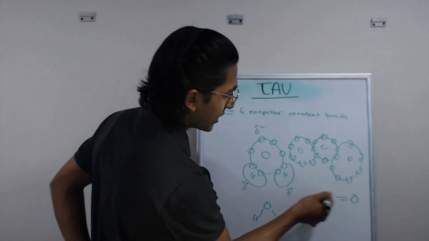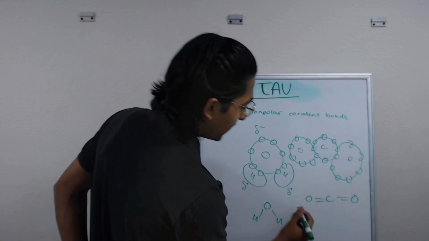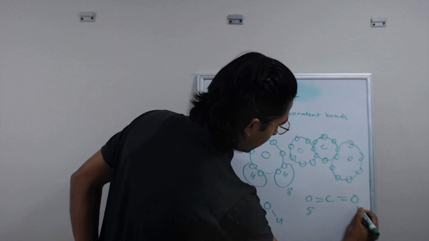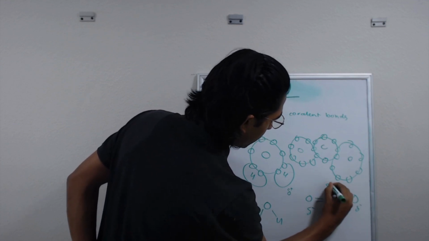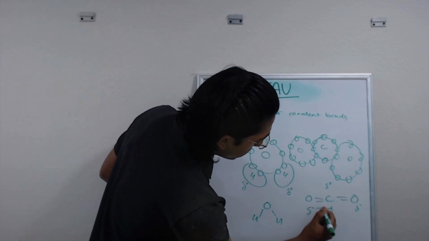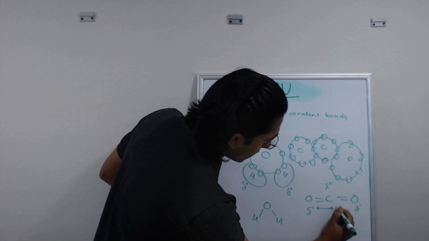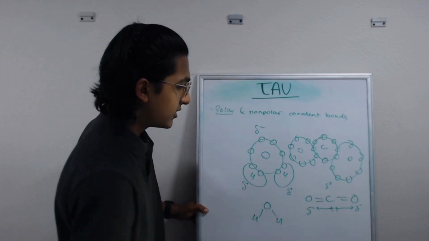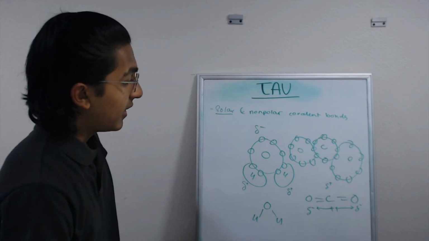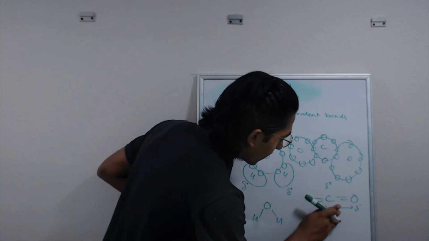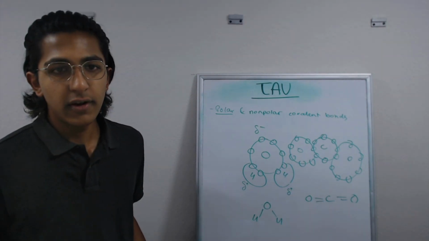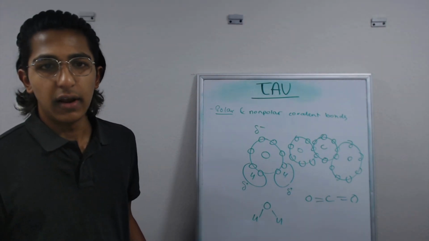If you look at the structure of this, each of these oxygens is partially negative, and this carbon is partially positive. But you'll realize that there's an equal amount of partial negativity here as there is here. So what happens when you're trying to go both ways? They just cancel each other out. So in total, this carbon has no charge. Absolutely no charge.